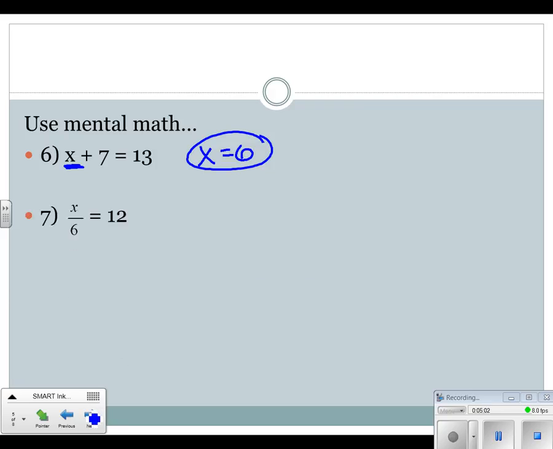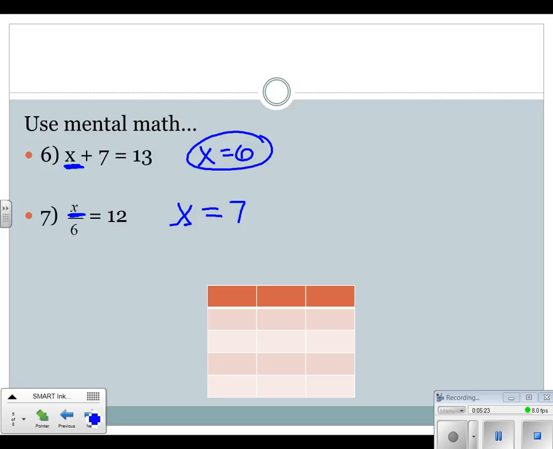Number 7, x divided by 6 is the same as 12. So if we have x, which is what we're looking for, what number divided by 6 is 12? And so we should know that 72 divided by 6 is 12.